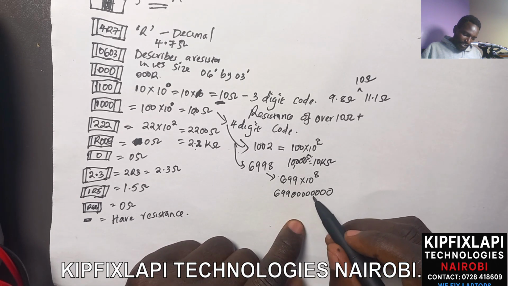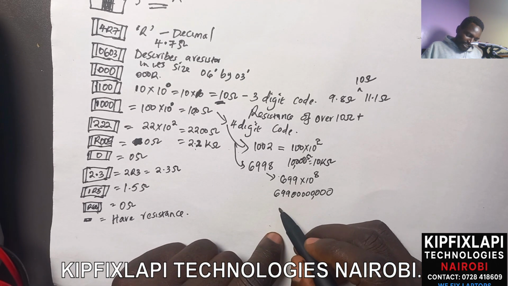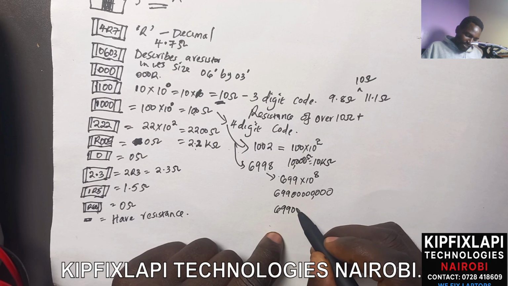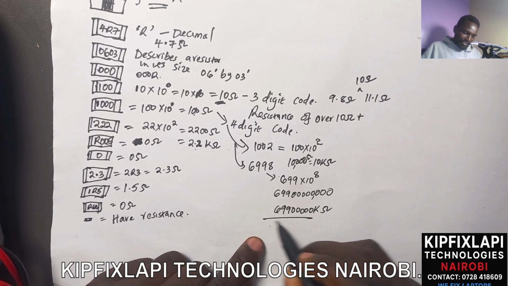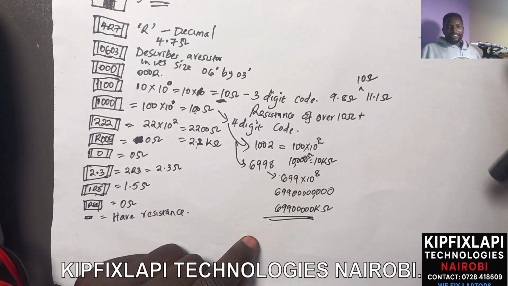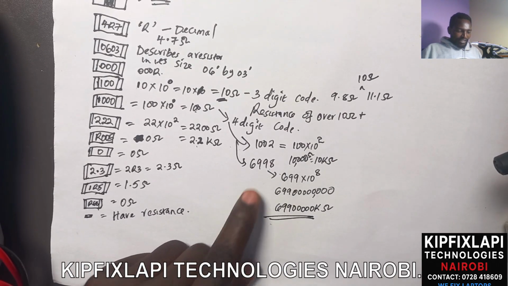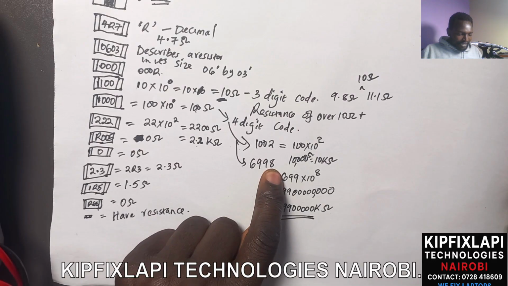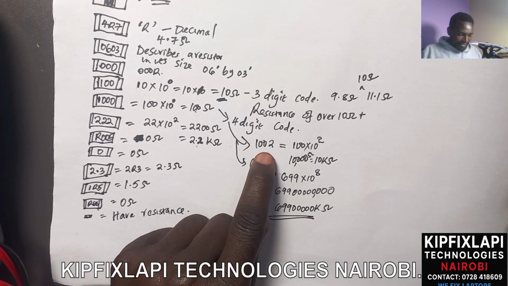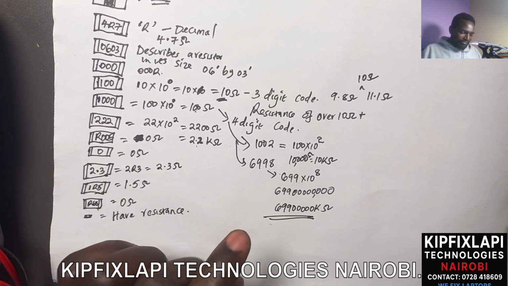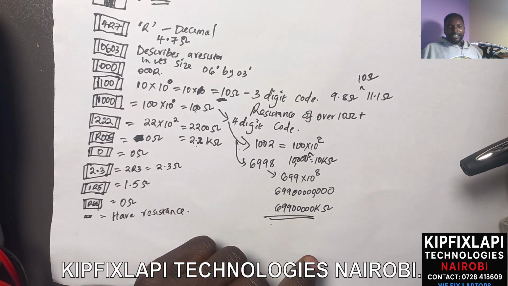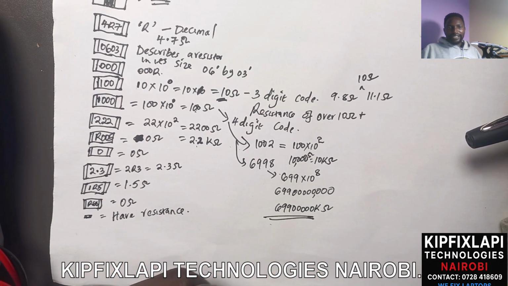This is like 699,000,000 kilo ohms. You see? One last digit makes a very big difference. It really makes a very big difference. So guys, I hope you understood something.